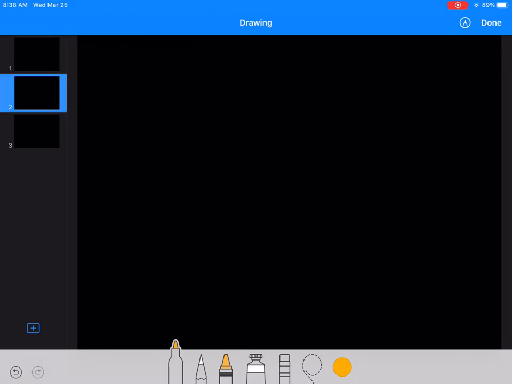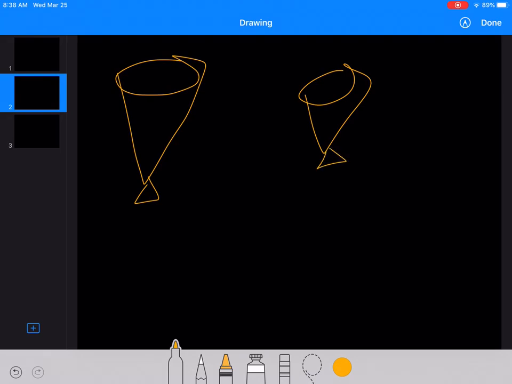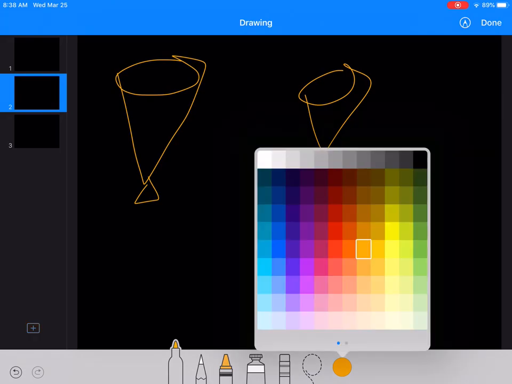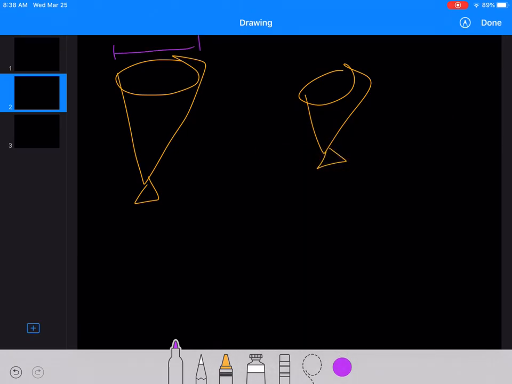Okay, so here's our large one. There's our small one. The length across the large was 10 centimeters. The length across the bottom one was 7 centimeters.